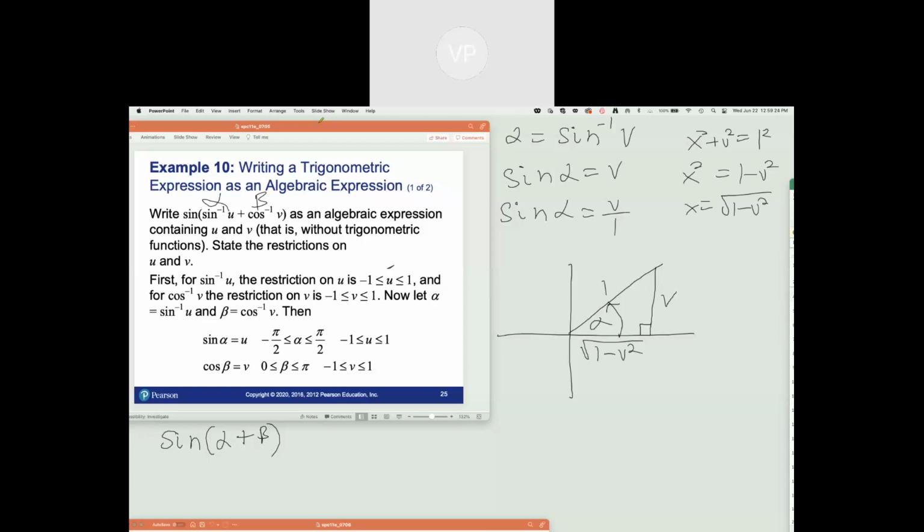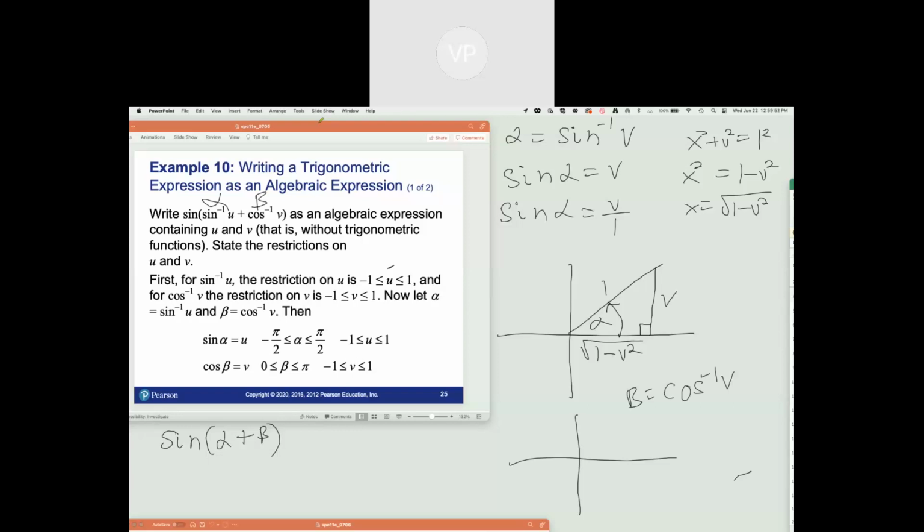Okay, so as not pretty as this is, if I was told to go get the sine of alpha or the cosine of alpha, I can get it by simply looking at this triangle and using u or 1 or that square root of 1 minus u squared. Okay, that gives me everything. And on the other hand, for the cosine, beta equals inverse cosine of v.